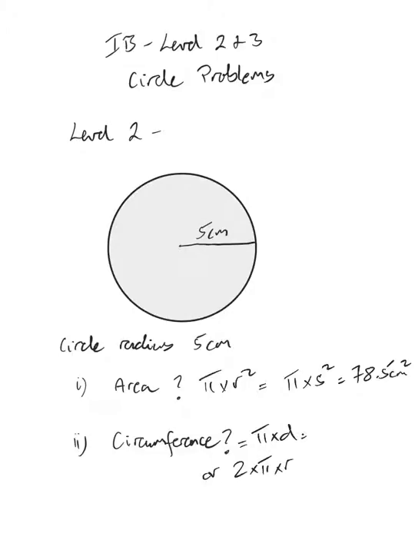Pi times diameter is just going to be pi times 10, where the diameter is double the length of the radius, or 2 times pi times the radius, which is 5. Obviously both the same thing. So 10 pi, both 10 pi, gives an answer of 31.4 centimeters. Okay, so that would be the start of the level 2 style question.